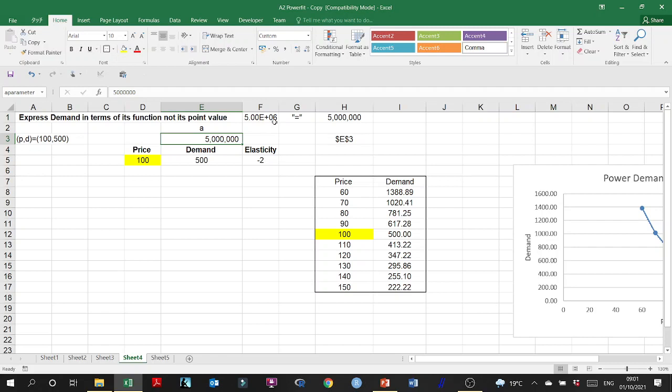E plus 2 is 100. E plus 6 is a million. I think you got it. So if your Mac or whatever computer system, and Excel in particular, is set up so that it will give scientific numbers, this is called scientific notation. It will look like 5 point something E plus 6. Okay? So you will get the same answer.